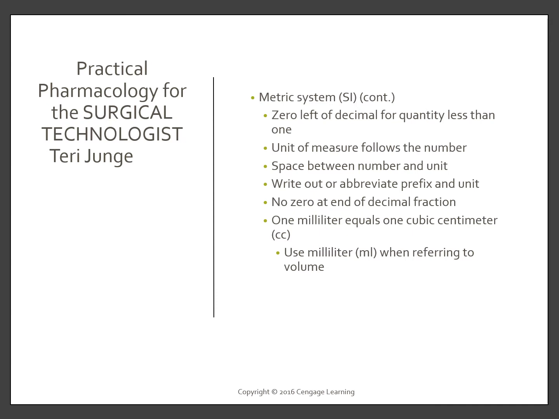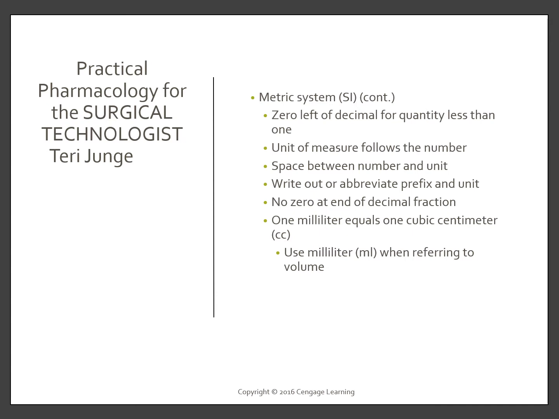We have to have our units of measure, or that 0.5 means nothing without that unit of measure. And we want to try to provide enough space between the number and the unit that it is legible, so that there isn't any misinterpretation of the documentation.